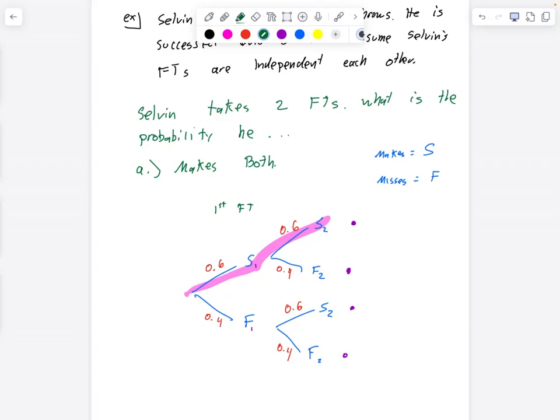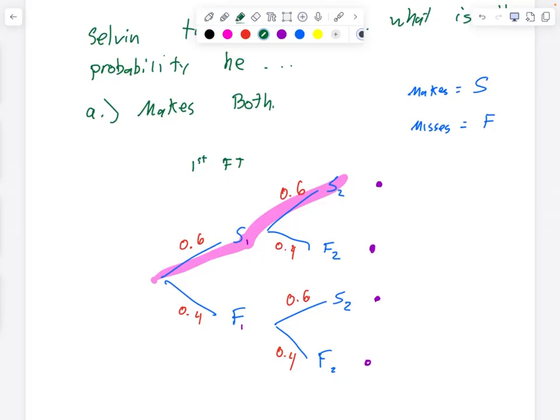We have to find each individual one. So the probability he has a success on the first one and a success on the second one is 0.36. And I'm going to pause right here so we can get caught up.